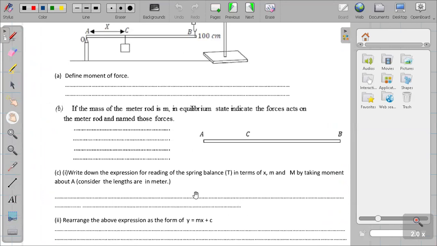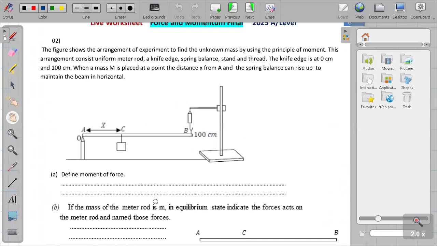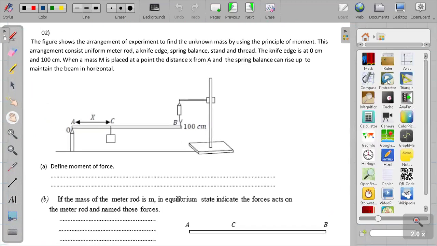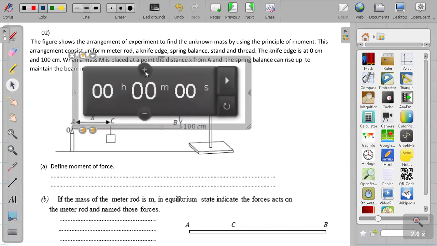Okay. Shall we start the discussion? Sorry, timer. Typically 12 minutes for this one too. I'm going to give you the time. Start quickly.